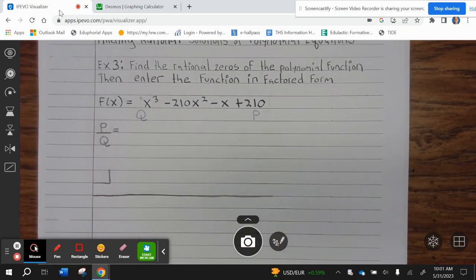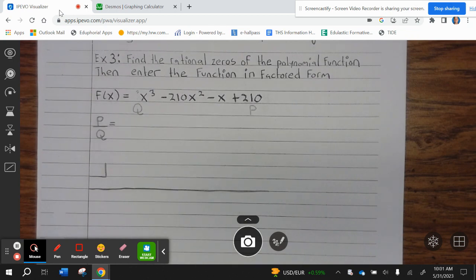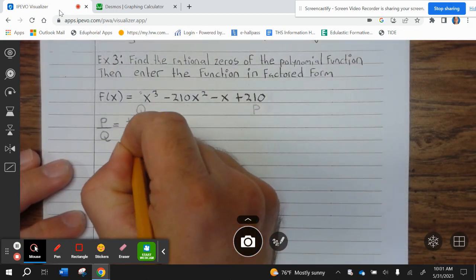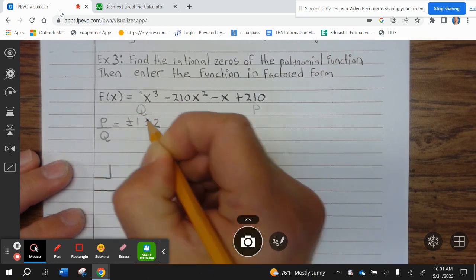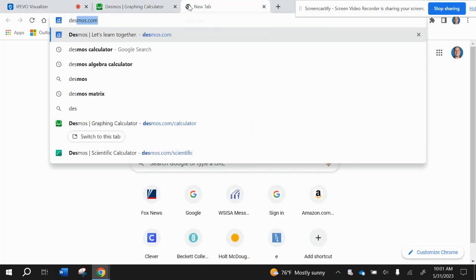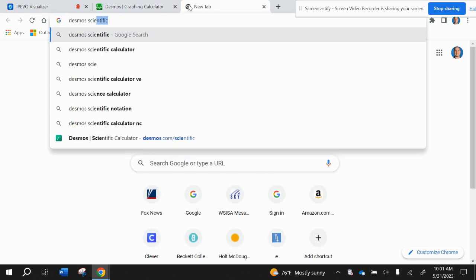All right, example 3. Okay, so we need to find all the factors of 210. We know that's plus or minus 1, plus or minus 2. And then let's use Desmos scientific calculator.